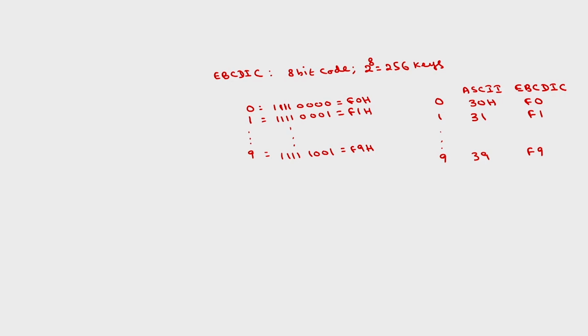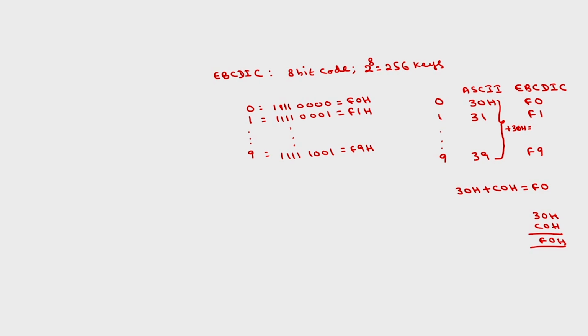How much do you have to add? This is 3 and this is F, so you have to add 12. So 30H plus C0H will be F0. C plus 3 is F, so 30H plus C0H is F0H. Similarly, for any value, if you add C0H, you will get these values.